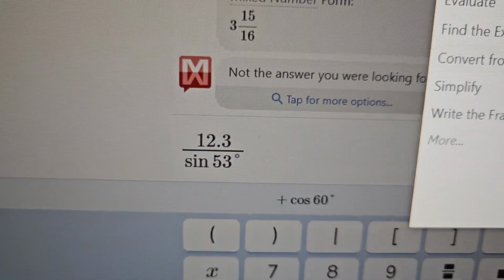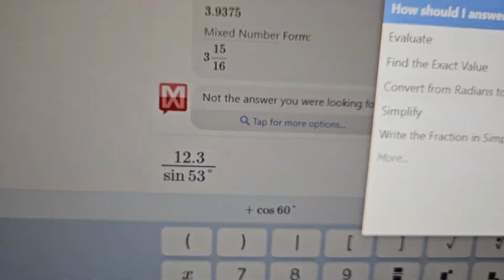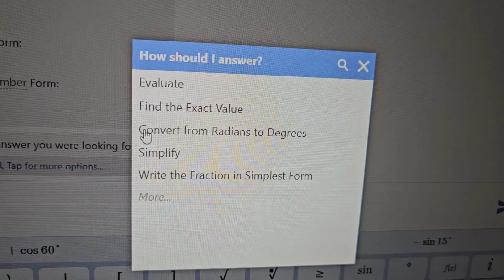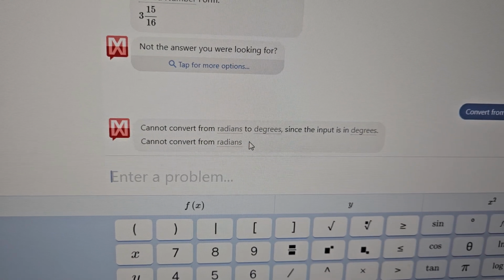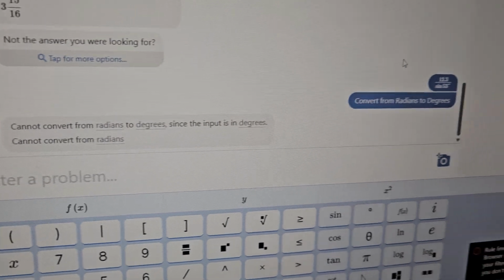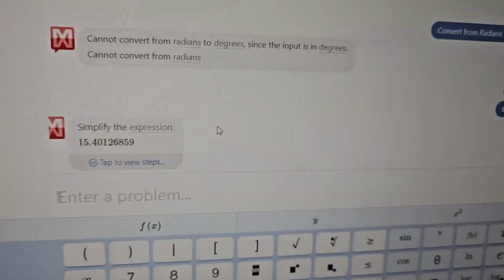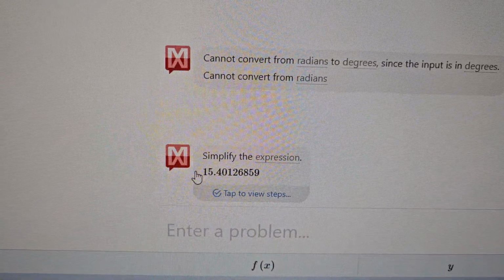I want you to type in your function like this on your calculator, not finding the actual sine yet. And in the calculator right here, it says convert from radians to degrees. I'm hitting that because I want the actual degrees. Do that. Evaluate. Oopsie. There we go. This is my expression that I want.